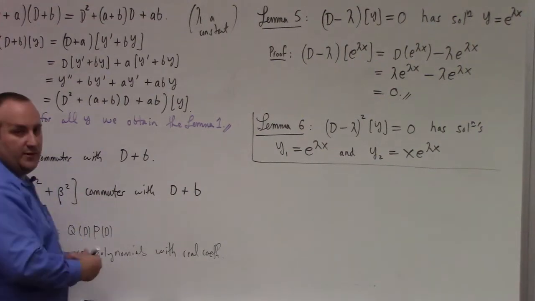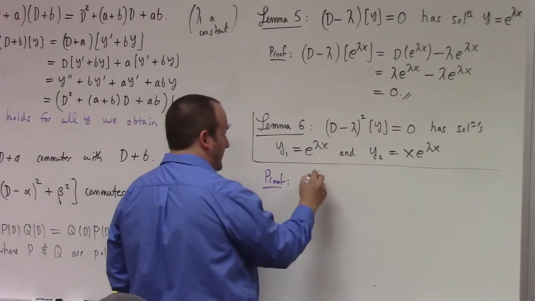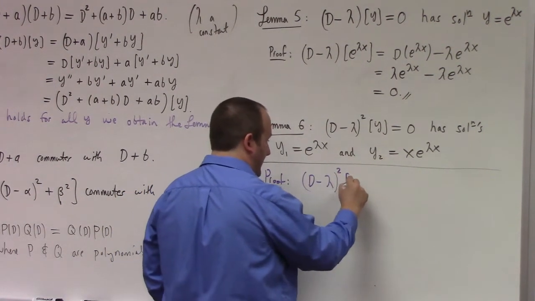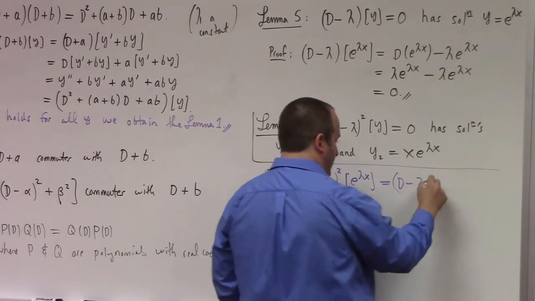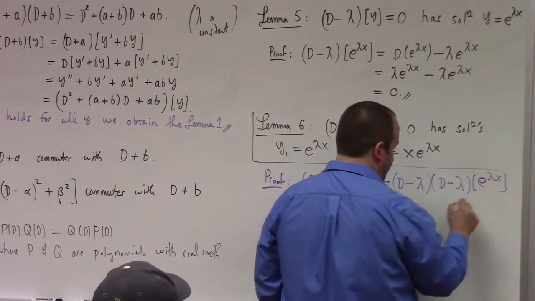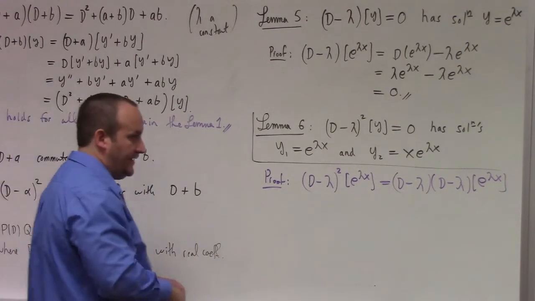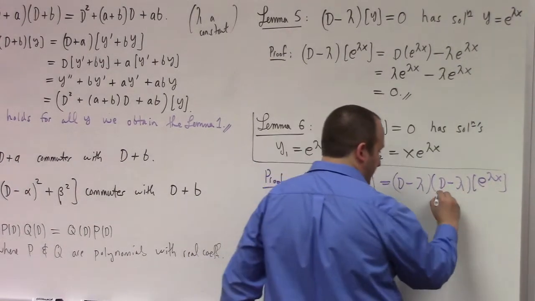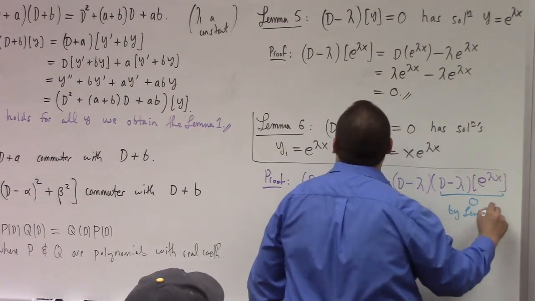Now, the y1 is almost immediate, right, from the previous lemma. So if we take d minus lambda squared acting on e to the lambda x, what's that do? That's d minus lambda, right, times d minus lambda e to the lambda x. And we just proved in the previous lemma that when we feed e to the lambda x, this piece right here is 0 by lemma 5.